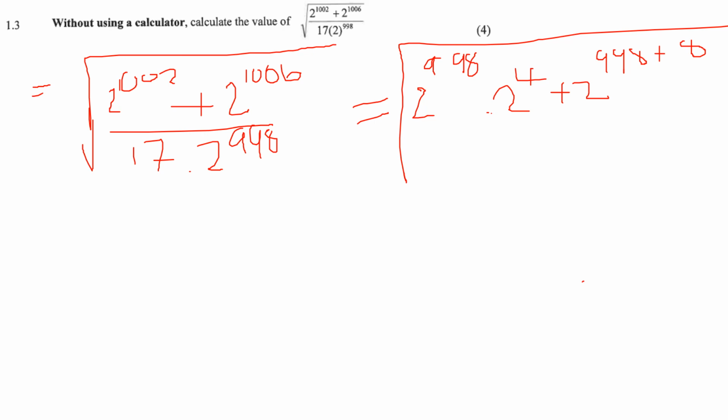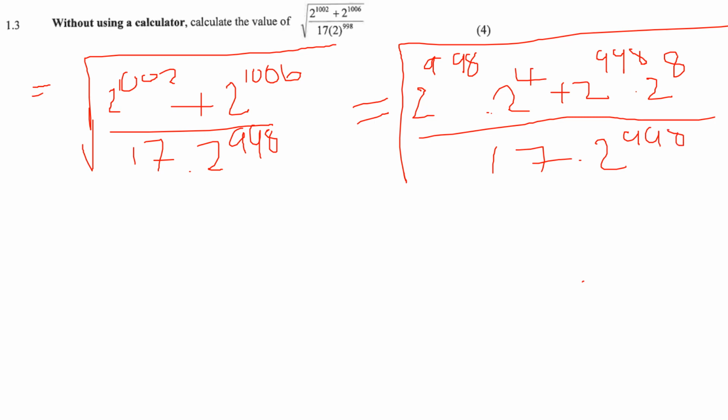Okay, let me just write it here as expanded already. So now it's going to be multiplied by 2 to the power of 8. Okay, and then over the bottom is going to be 17 times 2 to the power of 998. So when we are here, we know at the top we can take out the common factor as a 2 to the power of 998.